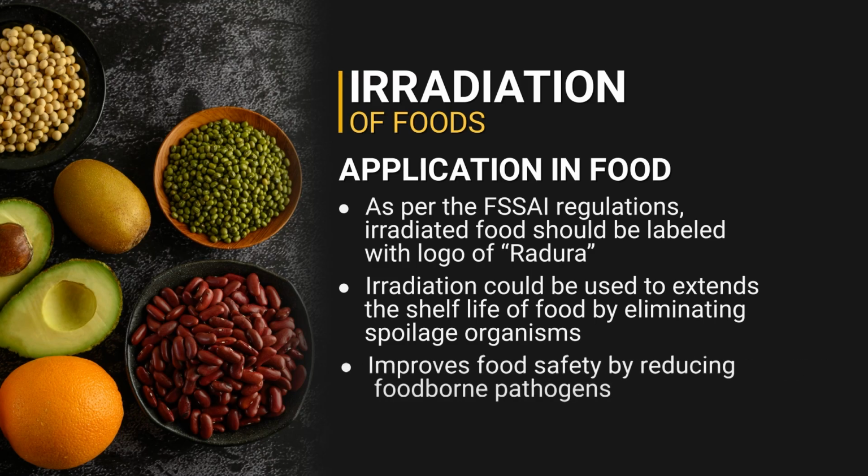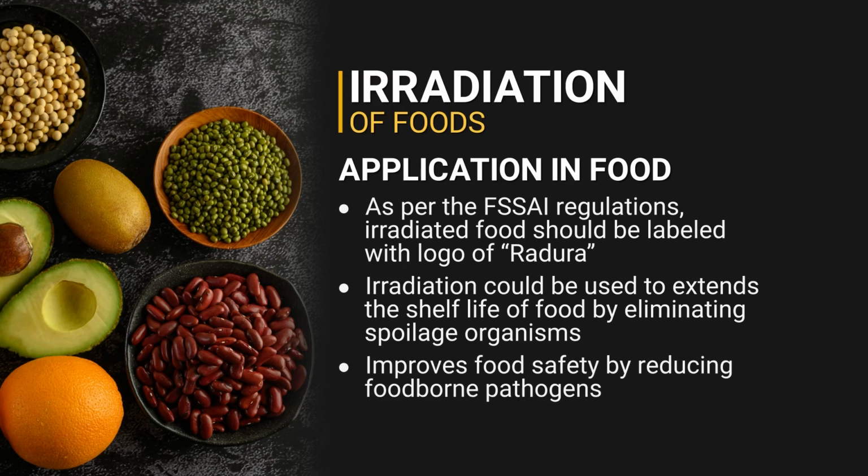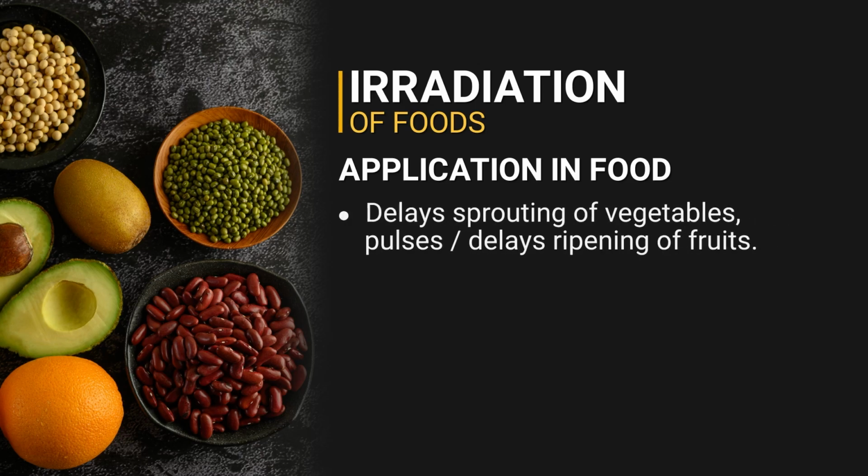If we look at the applications, number one, there is a regulatory requirement. In the country, we have the sign of the Radura, which FSSAI has permitted, that radiation can also be used, but you have to declare the food is irradiated. FSSAI is the regulatory authority of foods in the country. And what kind of applications does it give?